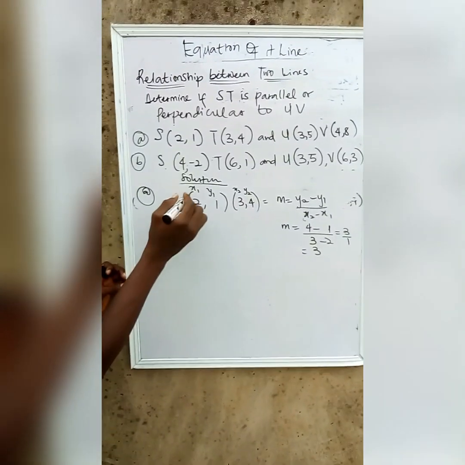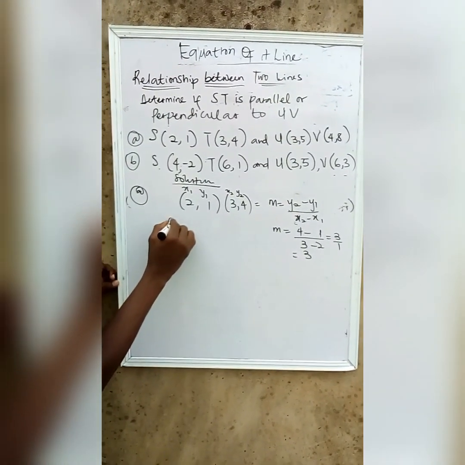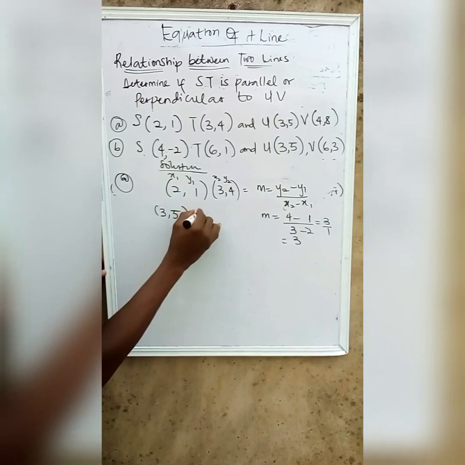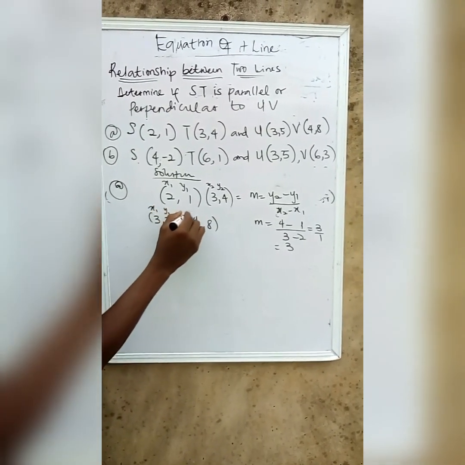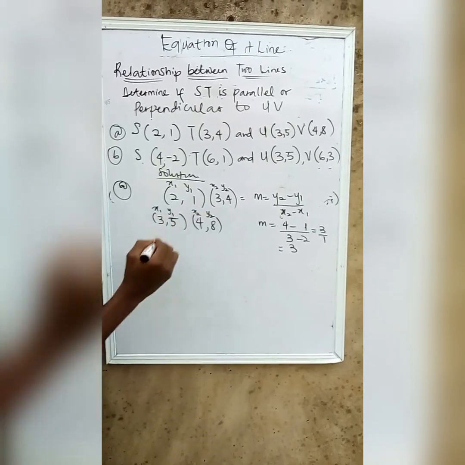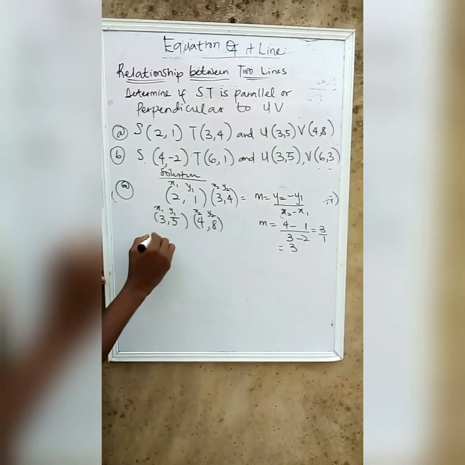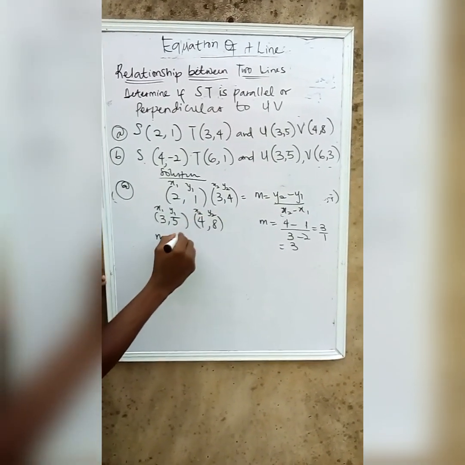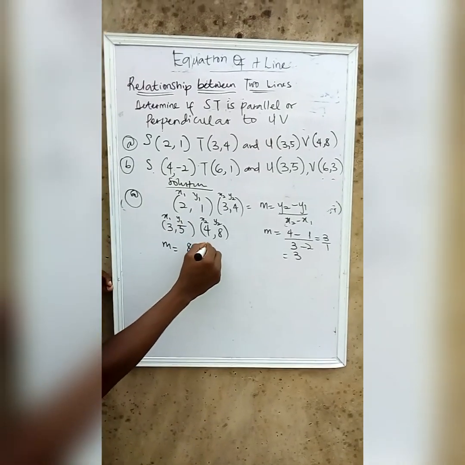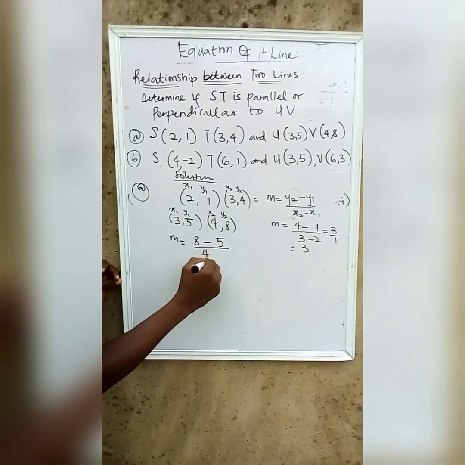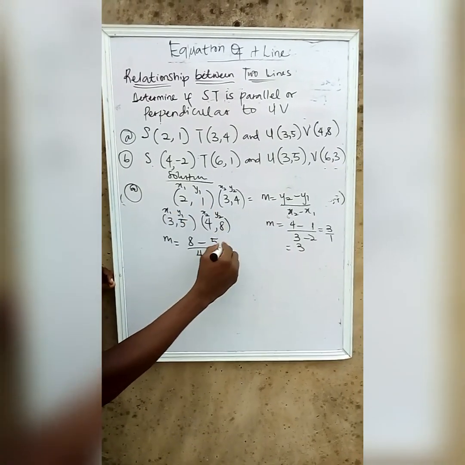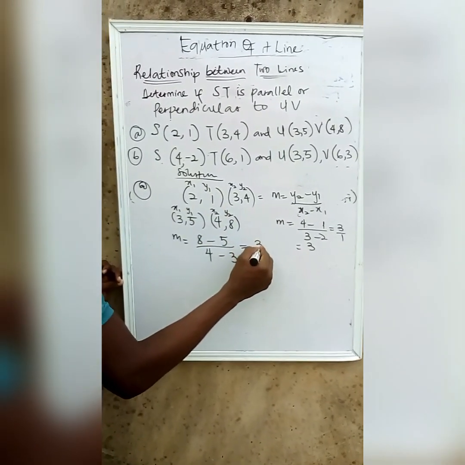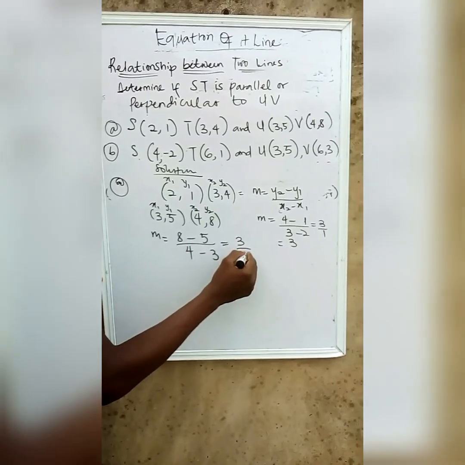So let's find the gradient of line UV. 3, 5, 4, 8. Don't forget x1, y1, x2, y2. So let's go. m is equal to, our y2 is what? 8. Our y1 is 5, over 4 minus 3, x2 minus x1. Don't forget, same formula for gradient. 8 minus 5 is what? 3 over 4 minus 3 is what? 1.